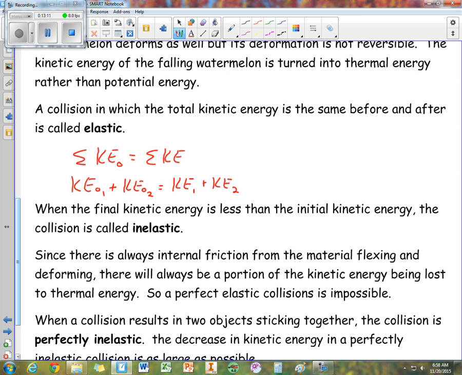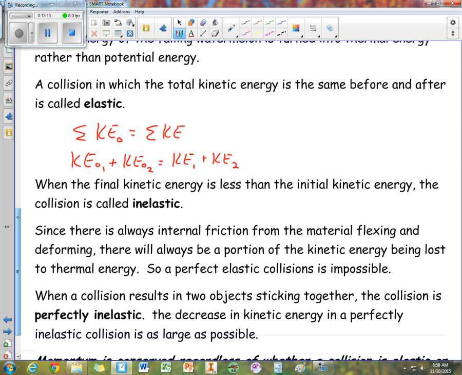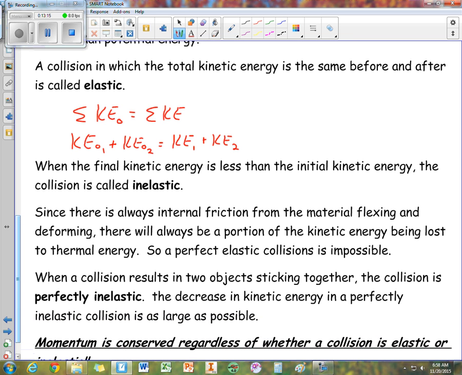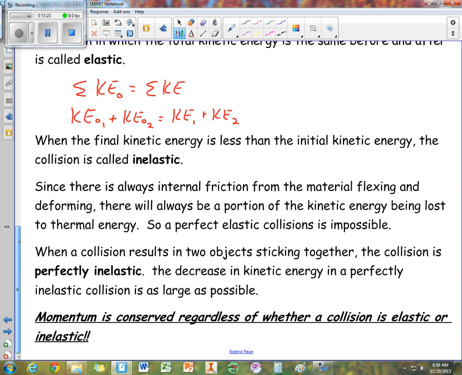When the final kinetic energy is less than the initial kinetic energy, we call this an inelastic collision. There's always a little bit of friction within materials flexing and deforming, so there's always a portion of that kinetic energy being lost to thermal. So a perfectly elastic collision is impossible, but we can get pretty darn close.